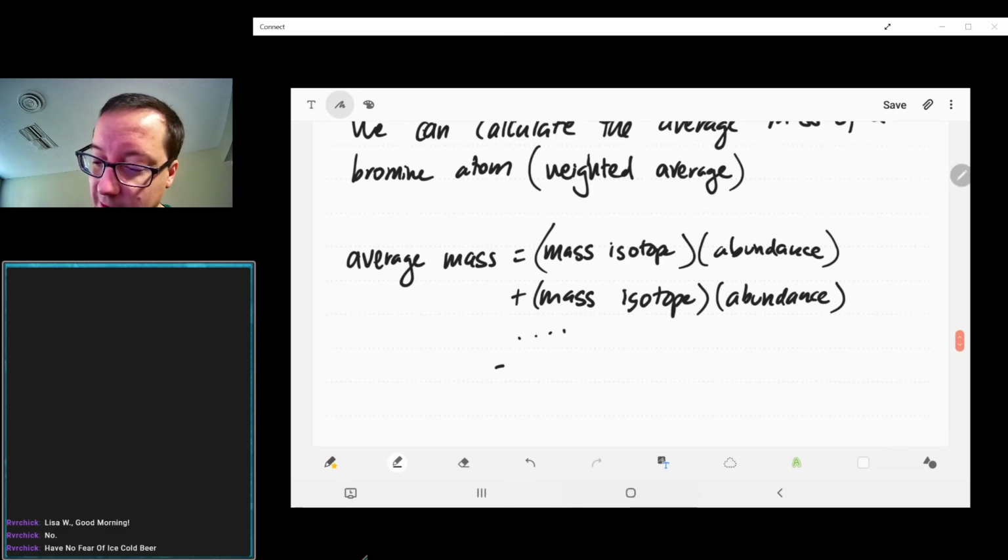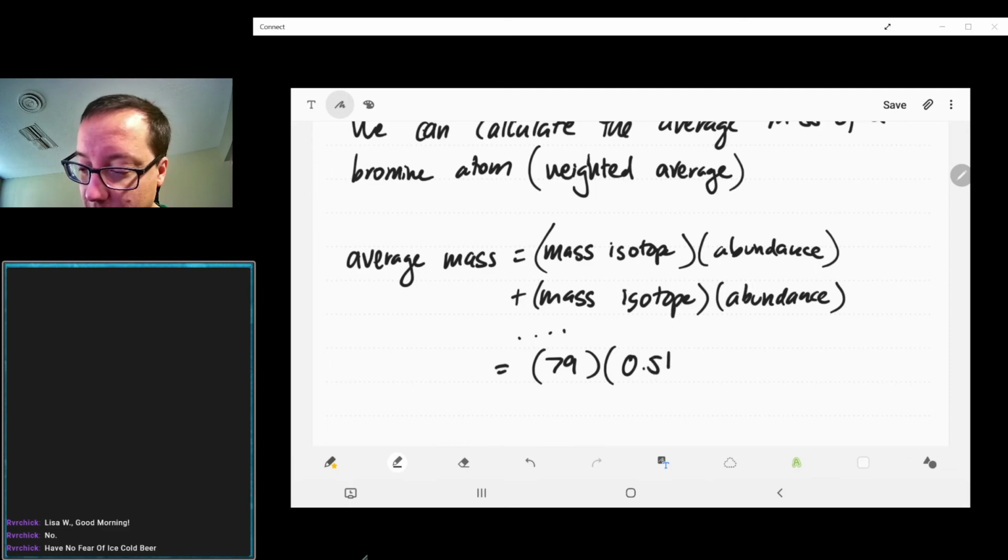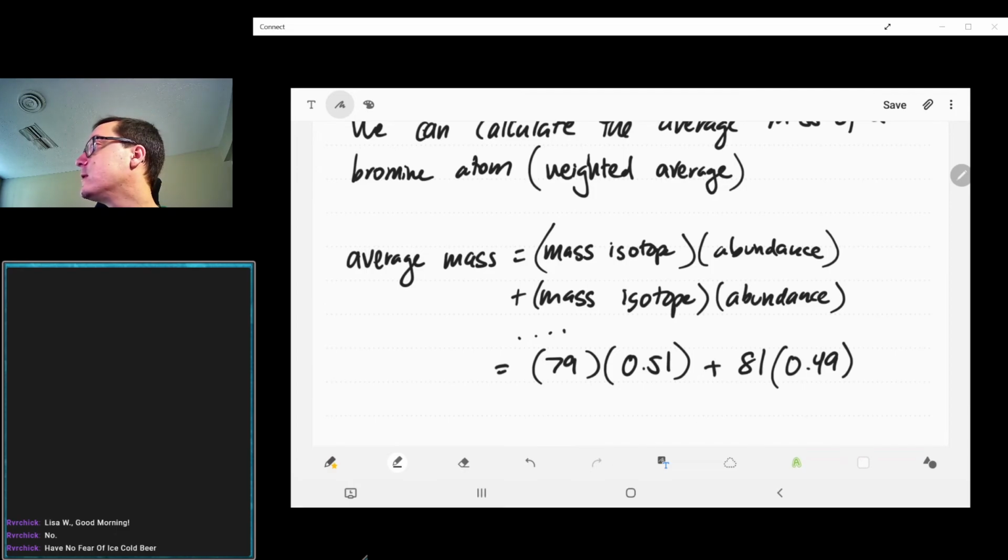So for bromine, we can say that the mass number of bromine 79 would be 79. Its abundance was 51%, which is the same thing as 0.51. And we would add that to the other isotope times its abundance.